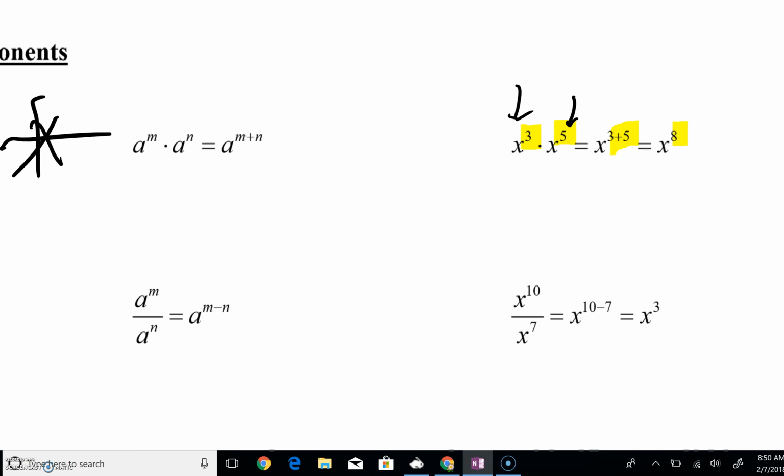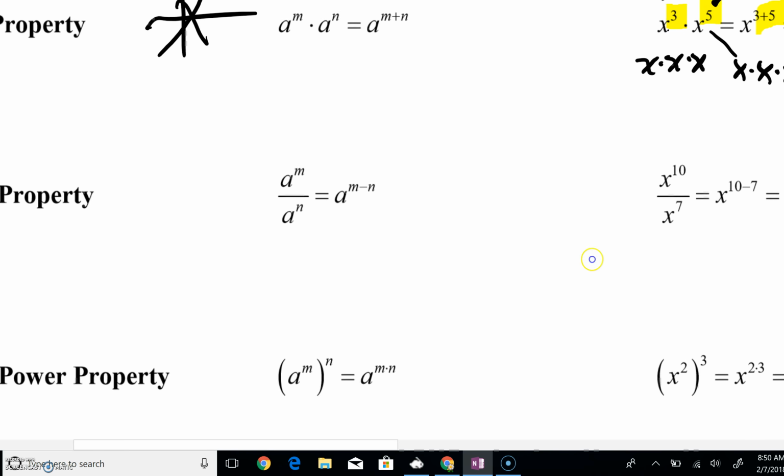The reason why you can do that, imagine if I gave you x to the third, that's literally 3 x's multiplied together. X to the fifth, literally that would be 5 x's together. At the end of the day, you just add up the total number of x's and that's what you got. Okay, so that's a very important property.